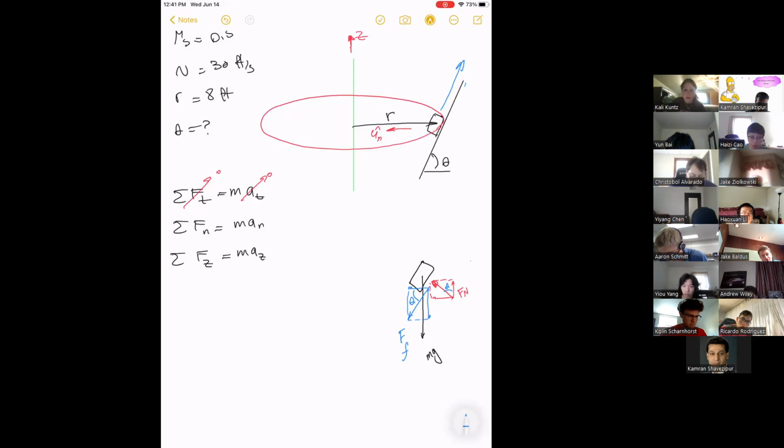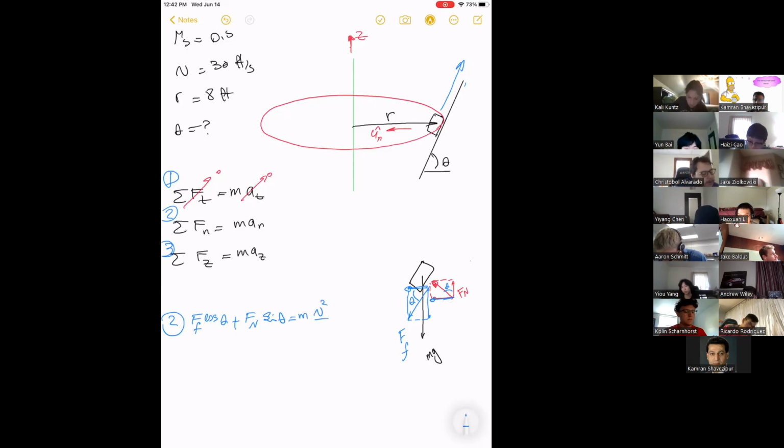So if I write, let's say, equation 1, 2, 3: 1 doesn't give us anything because 0 is 0. Equation 2, you're going to have F_f cosine theta plus, because both of them are, you see, both of them are toward the center and are positive, F_n sine theta equals m v squared over rho.